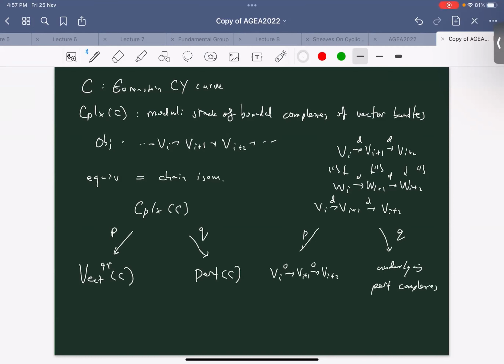That just means I consider this up to quasi-isomorphism, like you mod out by a bigger, or I should say coarser, equivalence relation. So these are the two stack maps from Complex(C) to graded vector bundles and to perfect complexes.